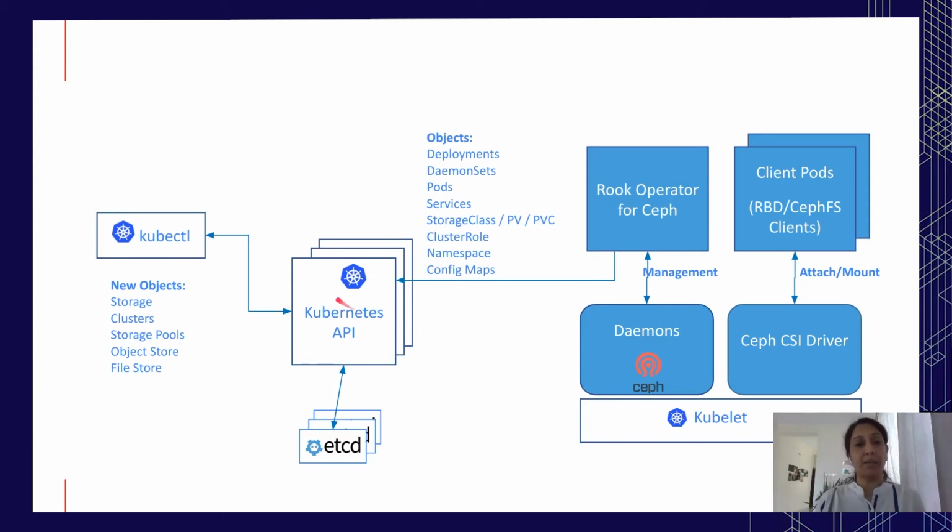Ceph uses persistent volumes for running the OSDs, the object storage daemons. Because the persistent volume is consistent across every environment, it is abstracted away the same way that Kubernetes abstracts away the infrastructure it manages.